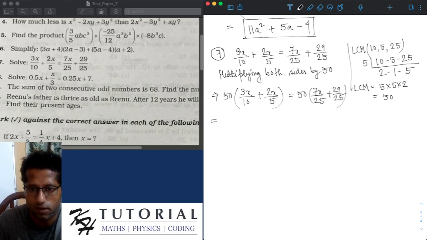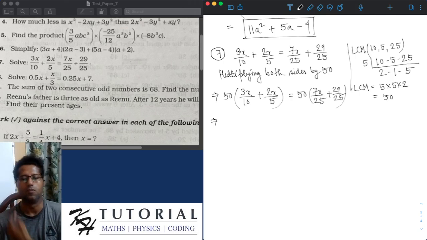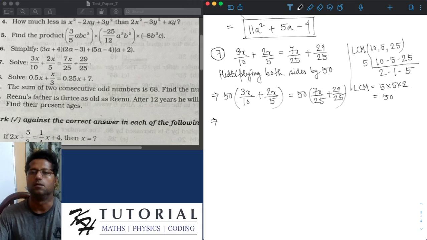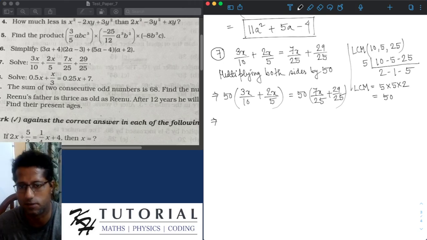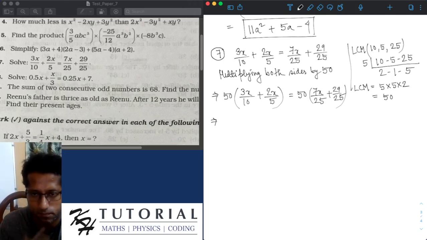Now if we do the products and simplify, that is open the brackets on both sides, LHS and RHS, we have 50 into the binomial 3x by 10 plus 2x by 5, using the distributive law of multiplication over addition.